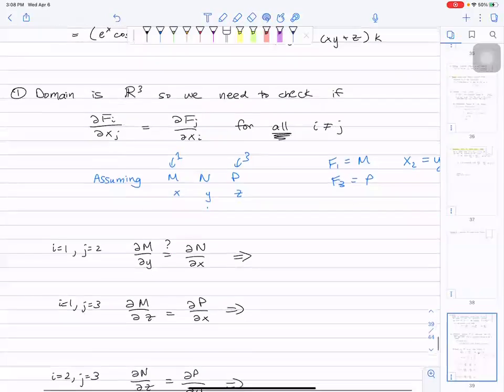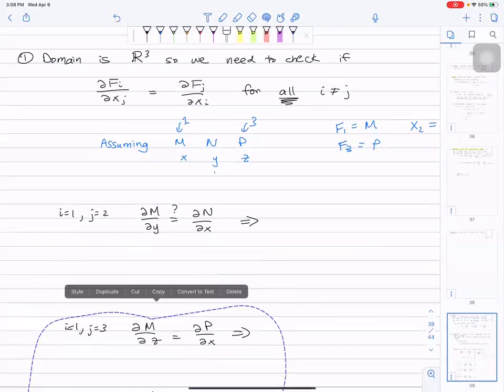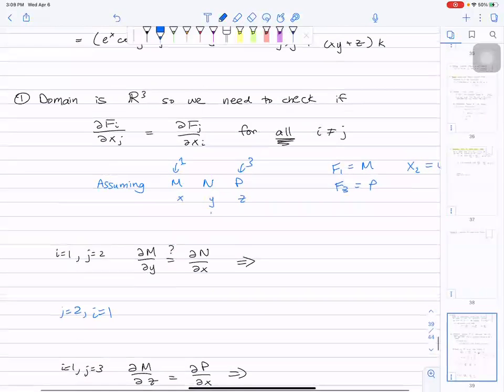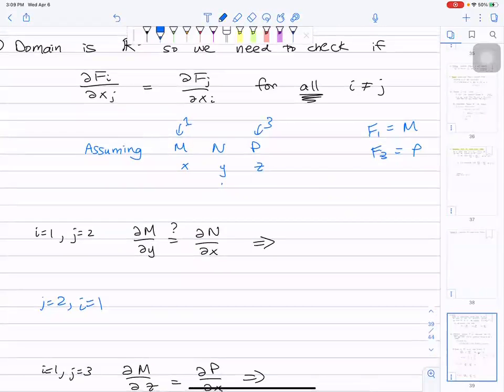Now you might say, why aren't we checking j equals 2, i equals 1? Do we need to check that? Well, what would it give us? Let me write it as i equals 2, j equals 1.